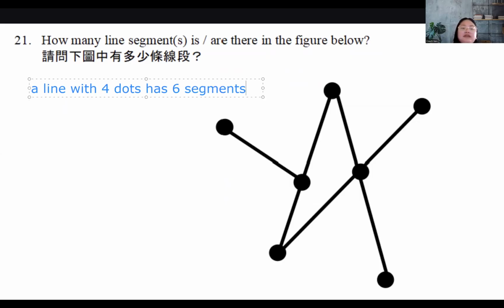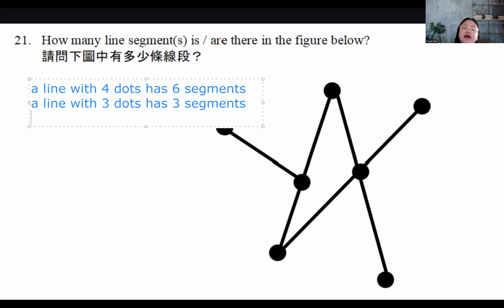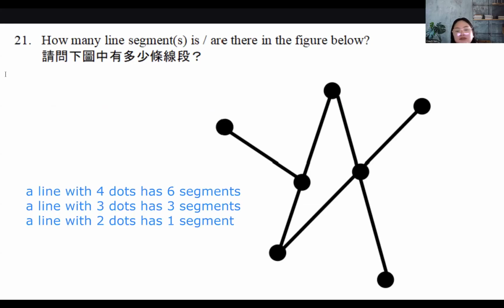A line with 3 dots has 3 segments. And a line with 2 dots has 1 segment. So if you memorize this, your life got just drastically easier.